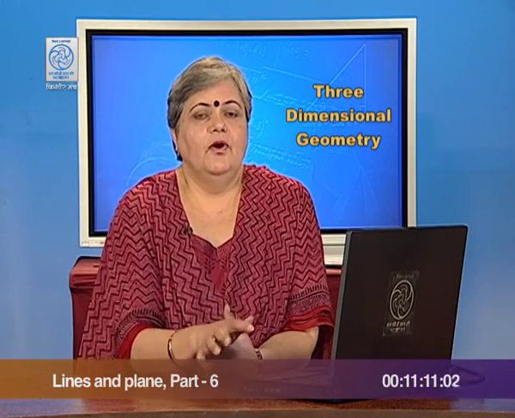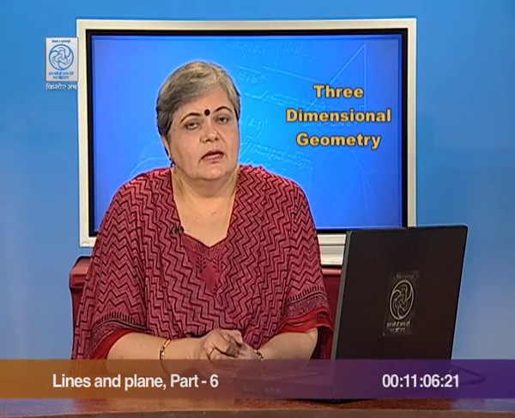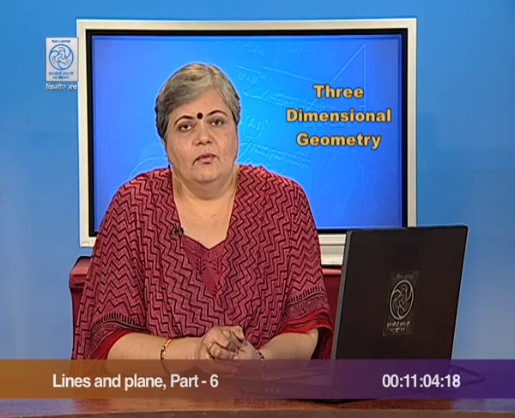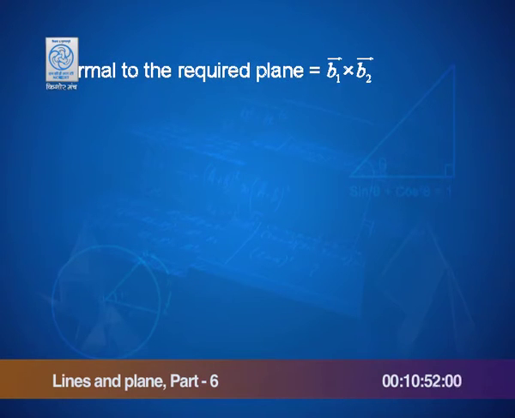Remember that to form the equation of a plane, one of the two things you need most is the normal to the required plane. Isn't B1 cross B2 perpendicular to the plane containing the two lines? And therefore B1 cross B2, which we have already calculated, gives us the normal to the required plane. So the normal to the plane is 7i cap minus 14j cap plus 7k cap.